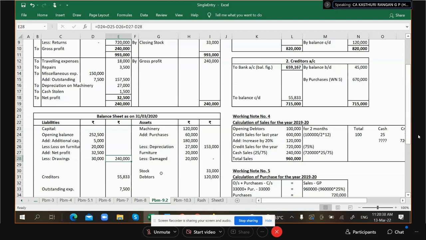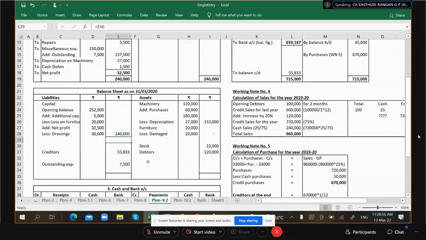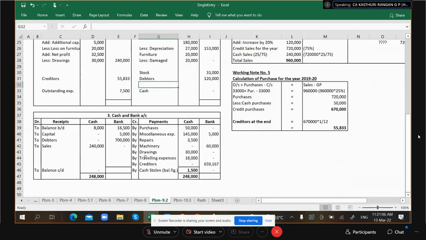So what will be the closing capital? 2,52,500 plus 5,000 minus 20,000 plus 32,500 minus 30,000 will get you the closing capital, which is 2,40,000. We got it. Now, what is the cash balance in this problem? 0. Why? It is stolen. What about the bank balance?